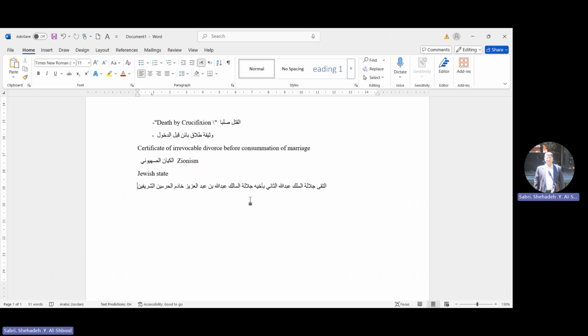news agency translator would not ignore translating words like خادم, like بأخيه, literally.